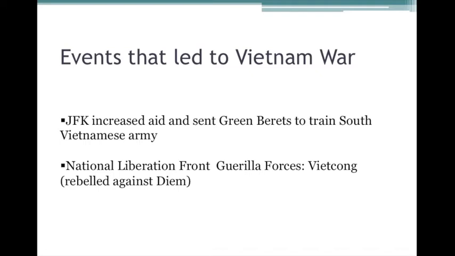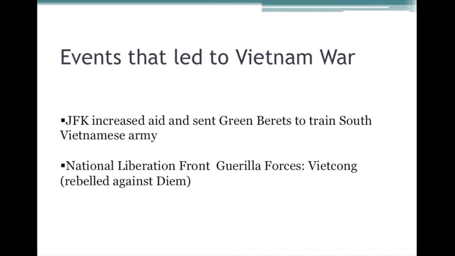John F. Kennedy will inherit the commitment by the U.S. to the Vietnamese. In fact, he will increase aid and will send the Green Berets to train the South Vietnamese Army. But you will have a group called the National Liberation Front Guerrilla Forces, referred to as the Viet Cong, that will rebel against them.